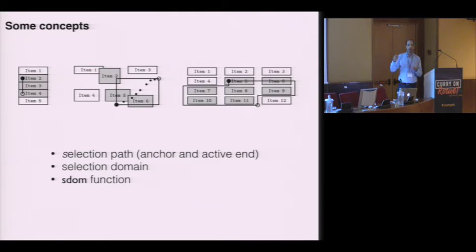That selection path somehow determines a bunch of elements, which we call the selection domain. You'll see this sdom function used in the slides to come. That is the one that does the mapping from selection paths to selection domains. This is of course application dependent, context dependent. This is most of the stuff that the programmer has to provide to get a full selection feature implemented. So most of the context specific feature is captured there.